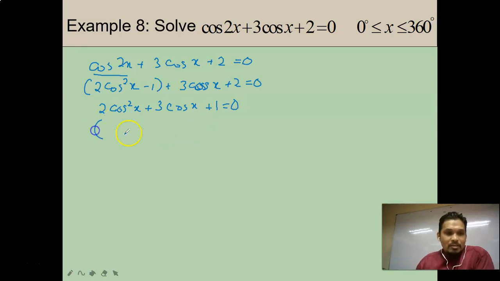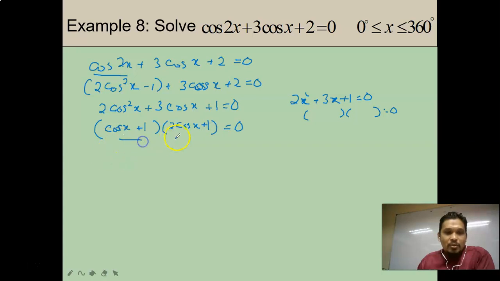Then factorize this. It's just like 2x squared plus 3x plus 1 equal to 0. Then factorize, which I think you know the process of. So now it is cos x plus 1 and 2 cos x plus 1.